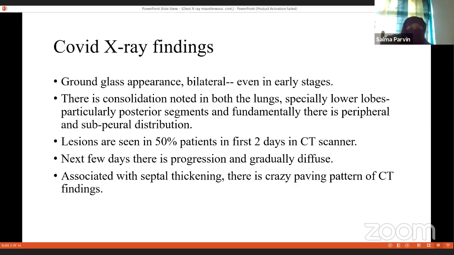There is associated septal thickening, and that's why we can get band shadows on the background of ground glass opacity. And on CT scan, we describe such presentation as the crazy paving pattern of CT findings.